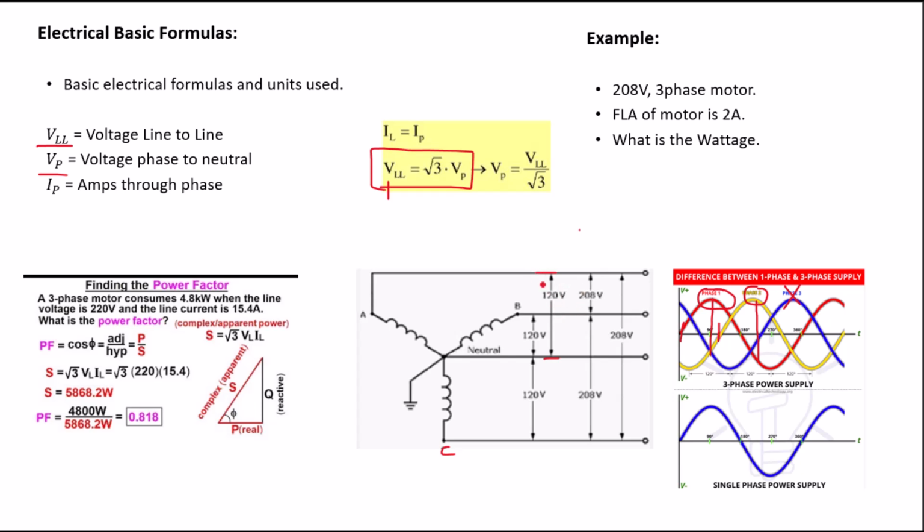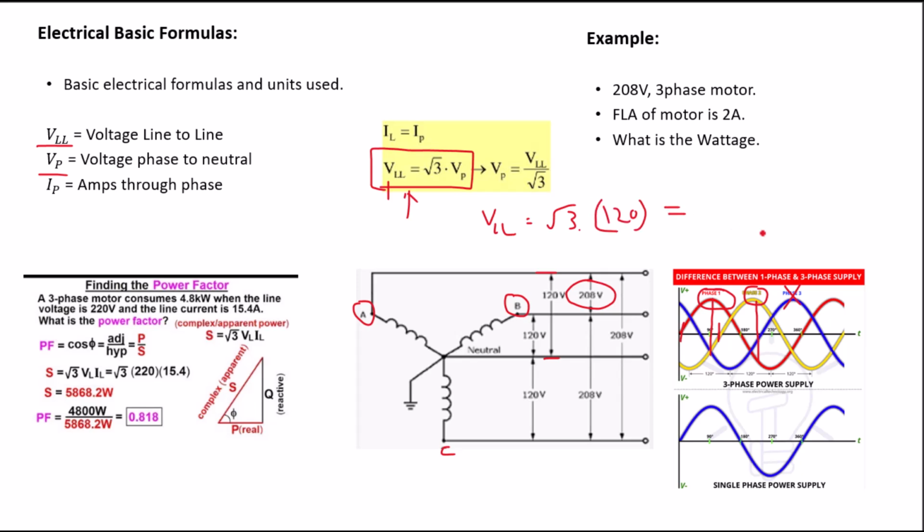So let's say you had a single phase 208 system. That means that you only had, let's say, two of these phases. I'm just going to choose A and B. To get the 208, basically all you're doing is using this formula right here. So you have voltage line to line is equal to square root 3 times voltage of phase, which is 120 volts.